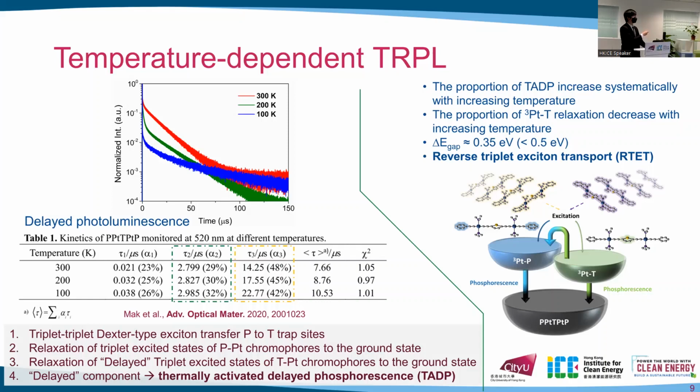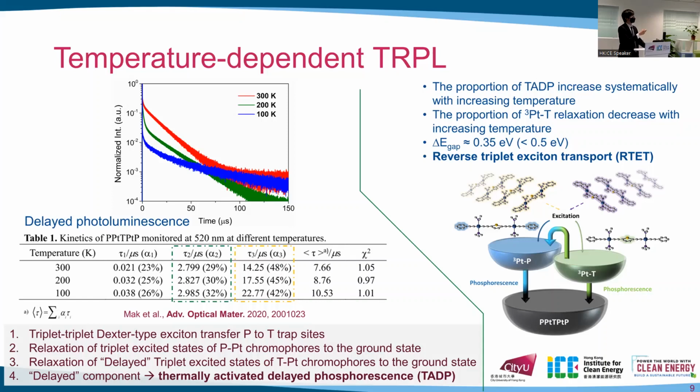The first component is attributed to the triplet exciton transfer from the P to the P type state. The second component is the relaxation of the triplet state, the P chromophore. And the final component is attributed to the delayed triplet excited state of the pyrene chromophore.